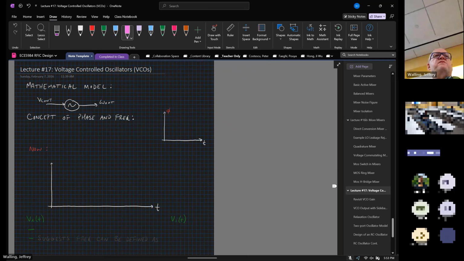Yeah, so there are all kinds of things that people do to get rid of the LO leakage. The main thing that causes LO leakage is really parasitics.